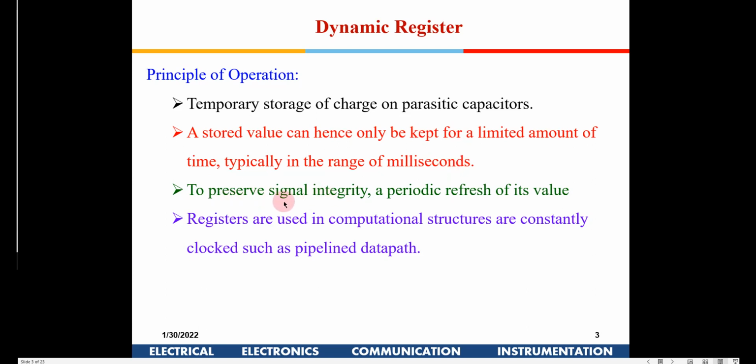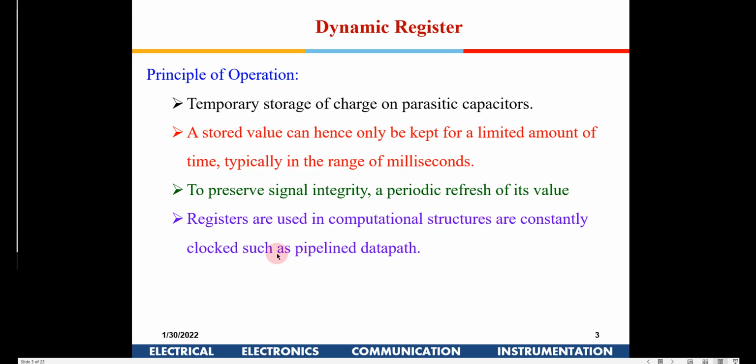Now, to preserve signal integrity, a periodic refresh of its value is required. So in case we need to store data for milliseconds for some reason, we can still use dynamic registers through periodic refresh. But if you are using the nanoseconds range, then there is no requirement of periodic refresh.